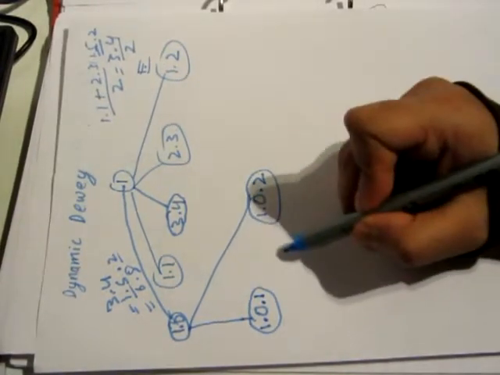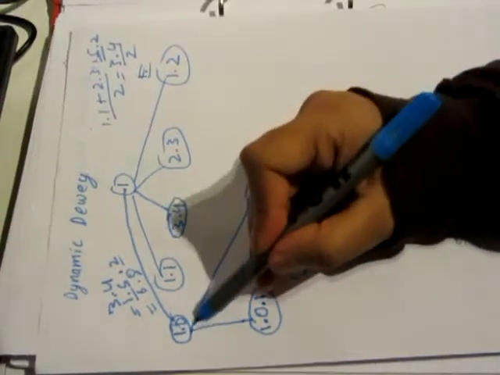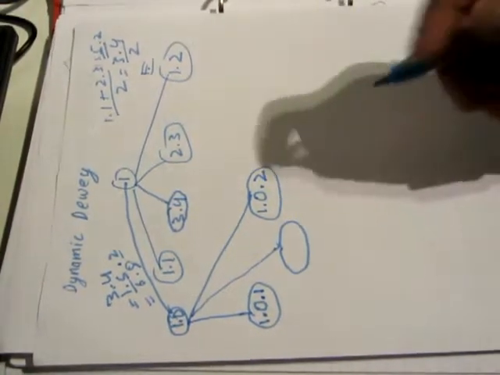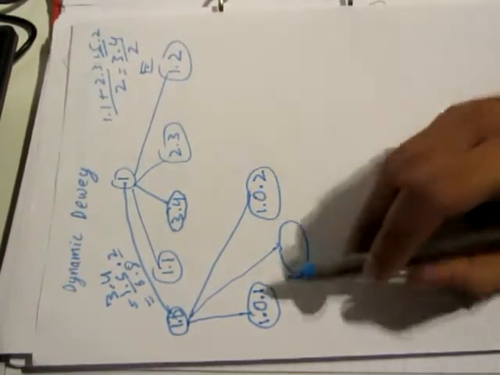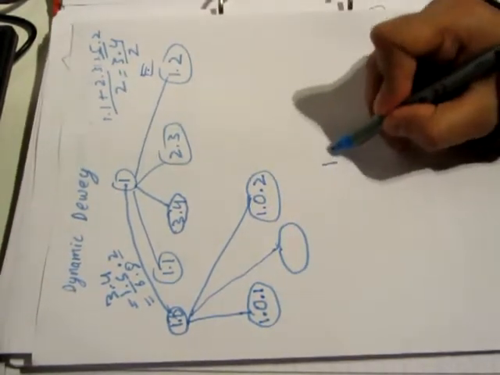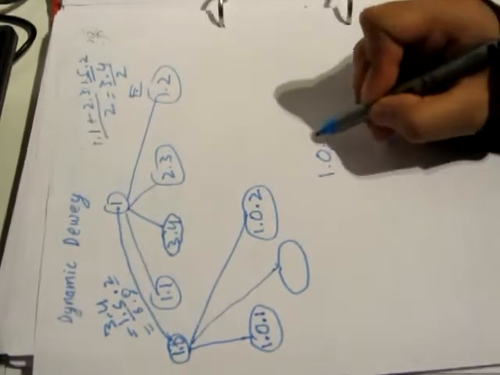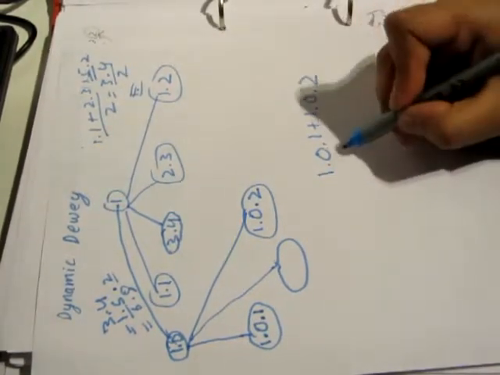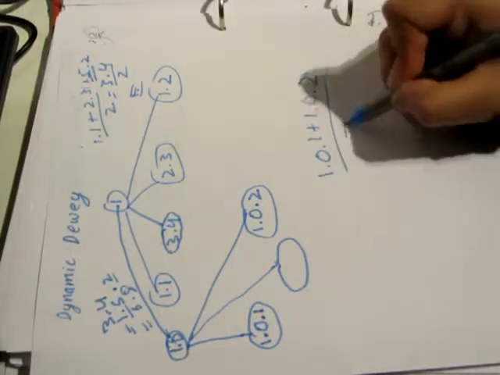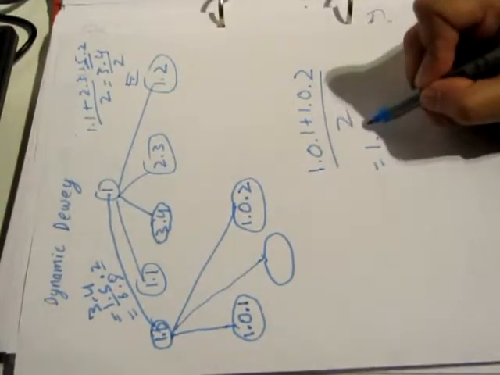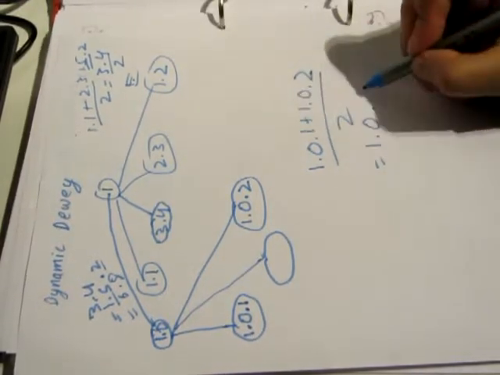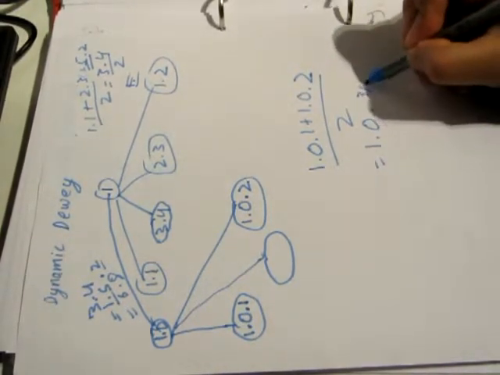Okay, now we want to add a node in the middle. So what will be its number? The number will basically be the mean of these two numbers. So it's 1.0.1 plus 1.0.2, and you divide by 2. So it's 2 plus 1 is 3 by 2.